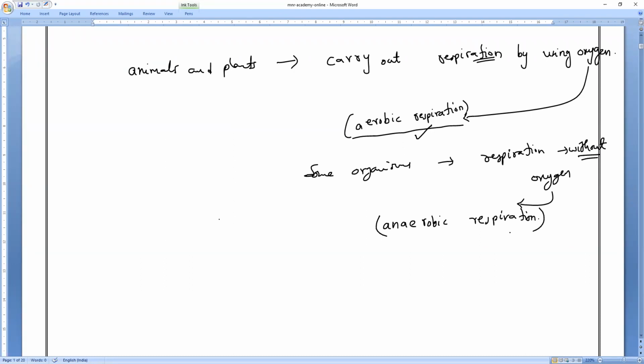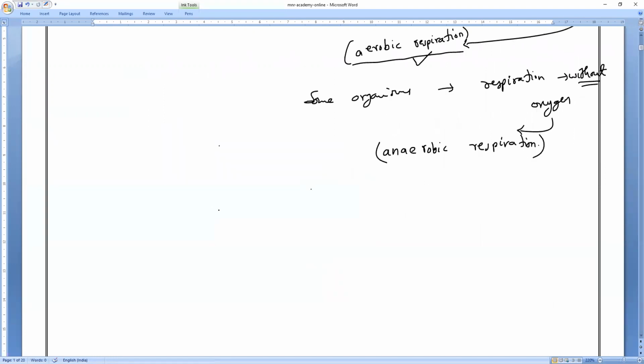Now let us discuss these types of respiration, aerobic and anaerobic. We should know certain intermediate products as the process takes place: how the glucose, the digested food we are eating, will split, and what intermediate products form before the energy is released.